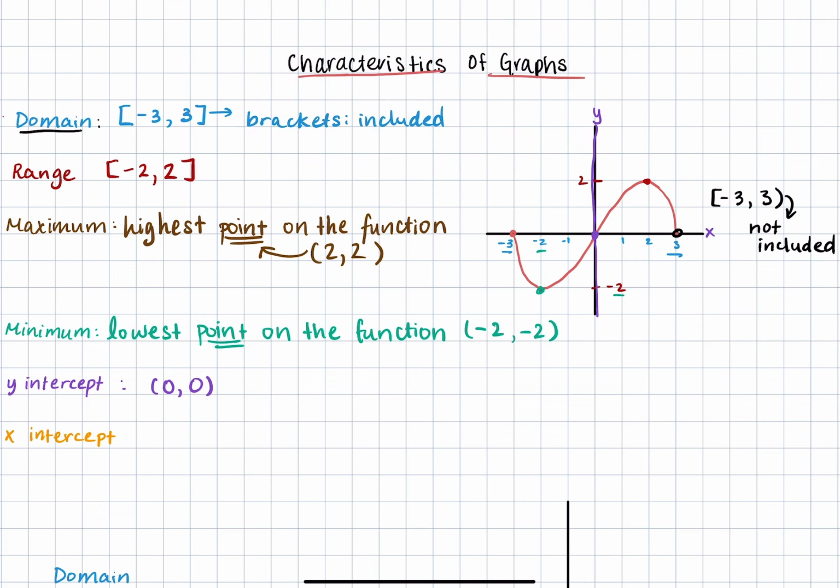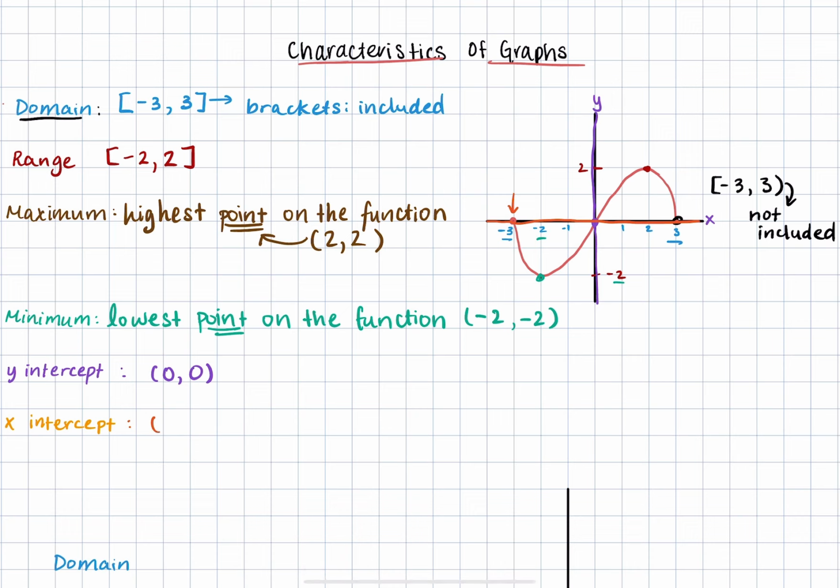The x-intercept is where the points or parts of the function touch the x line. So this is the x line. It touches here at (-3, 0), we see one here at the origin, (0, 0), and another one here at (3, 0).